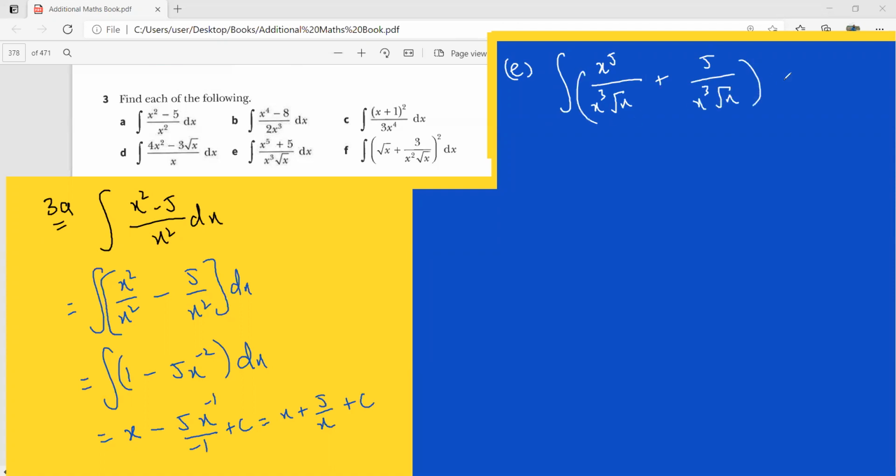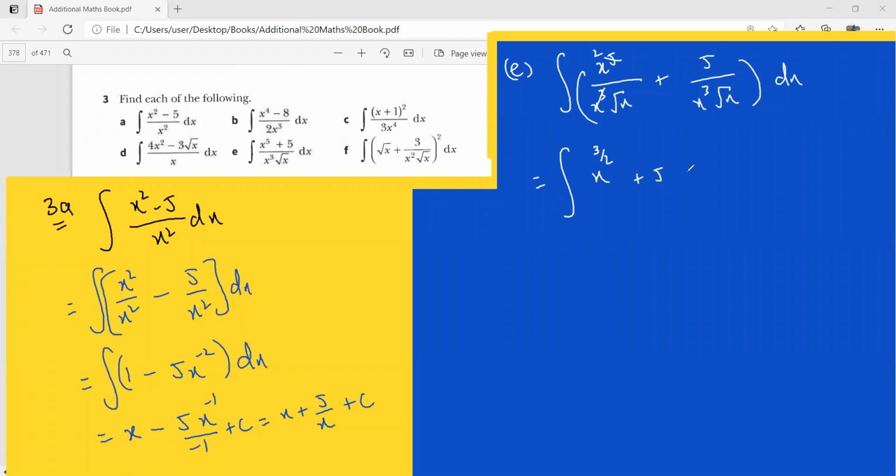We write it like this first of all. This is cancelled by this. So you have x raised to power, since there is x in the numerator and x in the denominator, the powers will be subtracted. 2 minus half is going to be 3 over 2. This is 3 over 2.